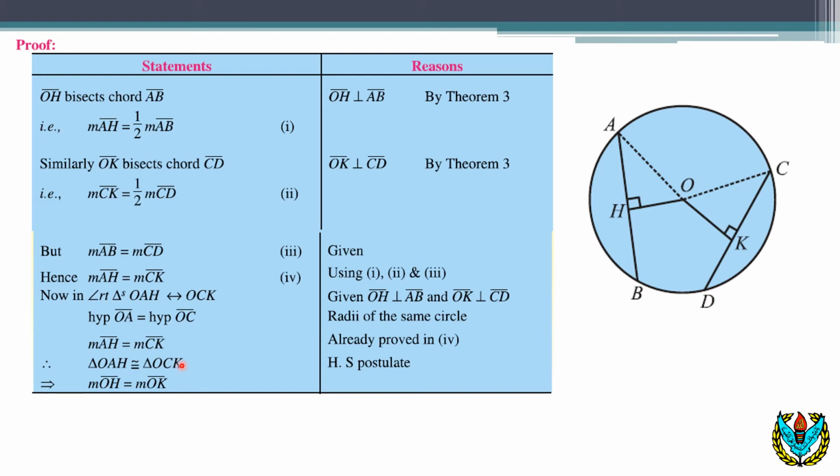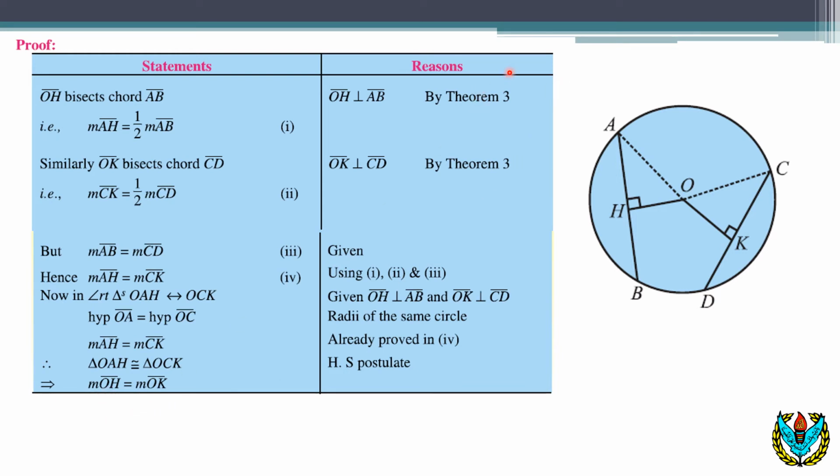Now we will compare both right angle triangles. In the correspondence of right angle triangle OAH with OCK, the hypotenuse of the right angle triangle OAH is OA, and the hypotenuse of the right angle triangle OCK is OC.